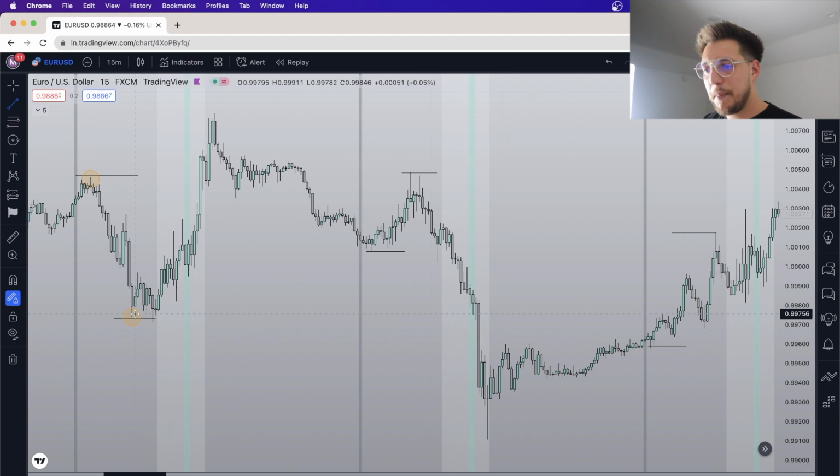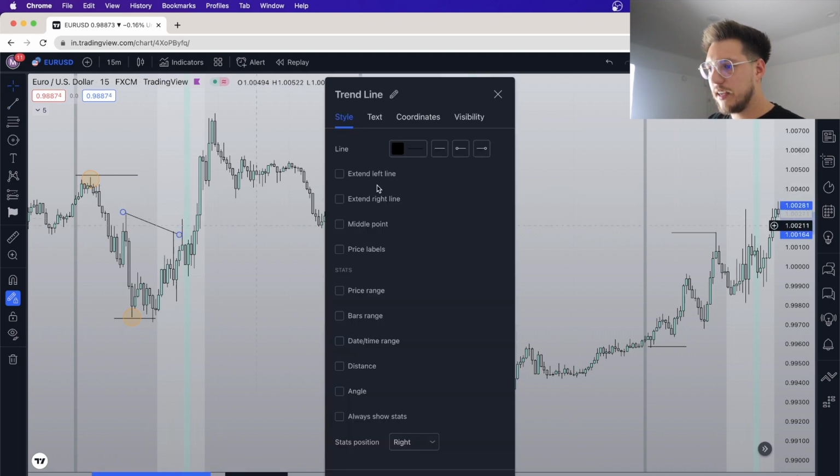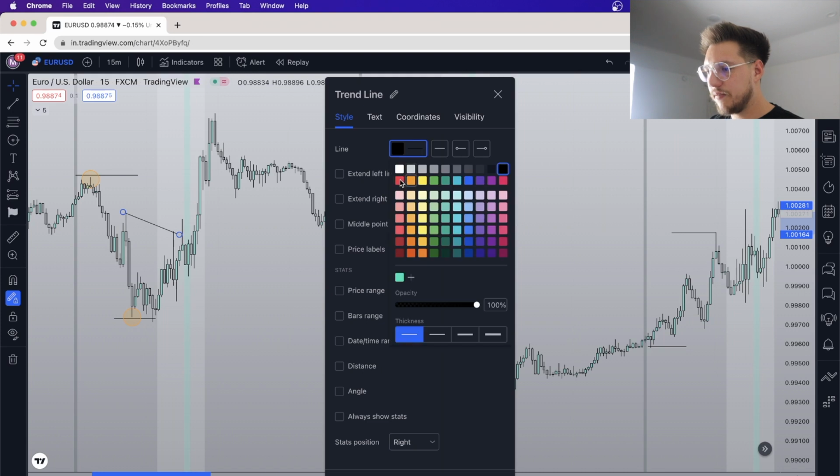So by having objectives, in this case scenario, we have high and low London. We can see how market created a wick on London, and then we also created a nice little wick right here on New York. Now, this wick that was created on New York gave us a trend line.